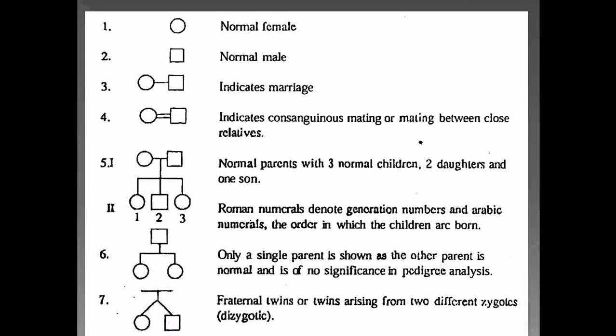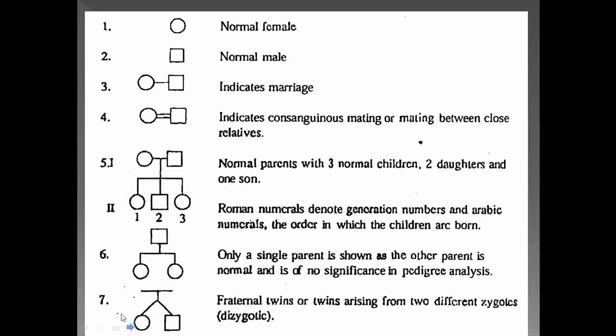So here we are not able to analyze a particular significant type of pedigree. Then the next symbol, in which these are the parents. In the next generation, they produce a female and male. But see here, they are not joined like that, they are joined by a Y-shaped symbol.